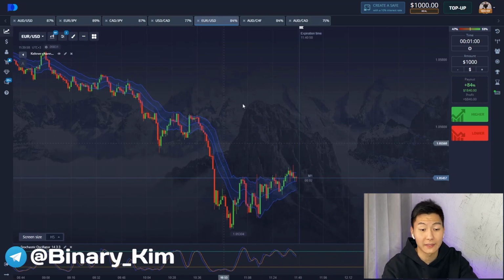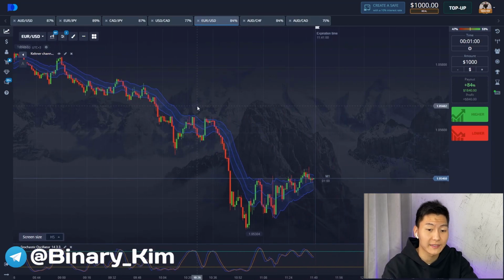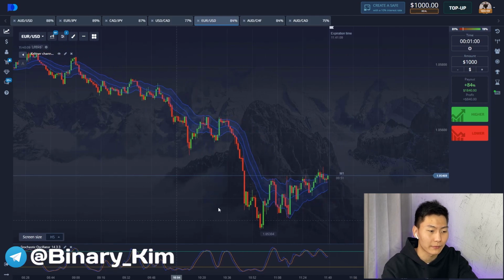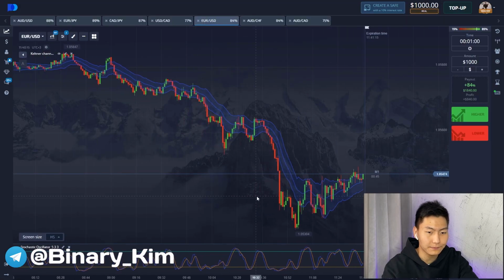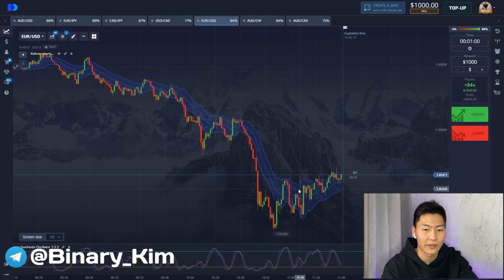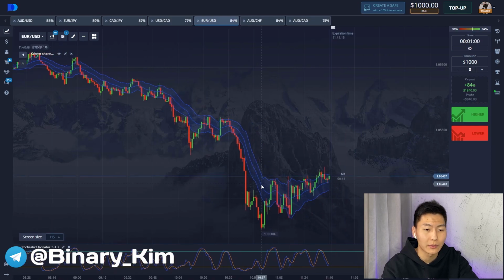So basically these are our stochastic signals, and our strategy implies a combination of these indicators, which is impressively good for trading, especially on a 1 minute time frame. And we'd better set the period to 5. We have to find position entries pretty quickly on a 1 minute time frame.